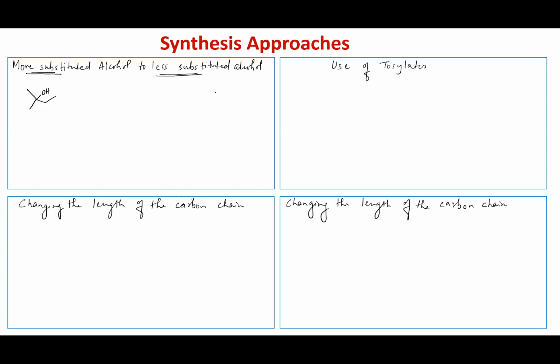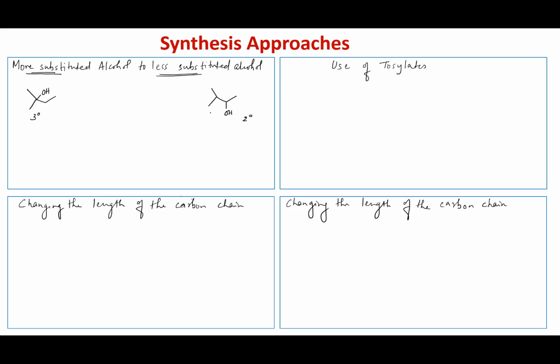For the first scenario, let's say that the less substituted alcohol that I want is this alcohol. Now, why am I calling these the more substituted and the less substituted? Because this first alcohol, the starting material, is a tertiary alcohol. It's tertiary in nature, whereas the product is a secondary alcohol.